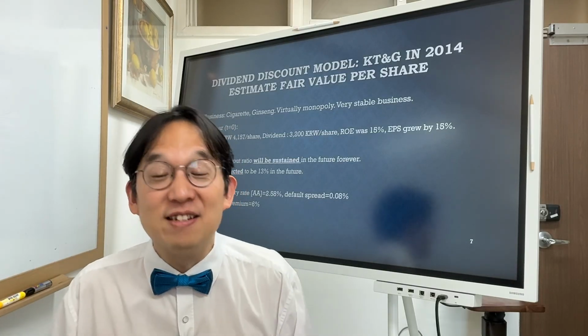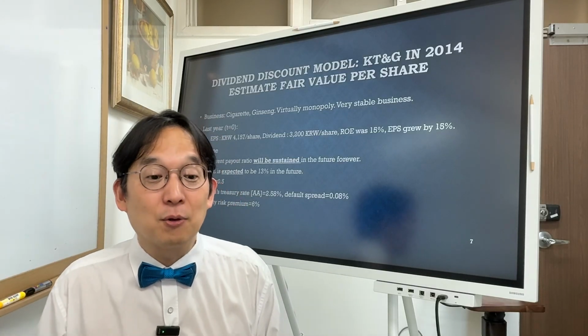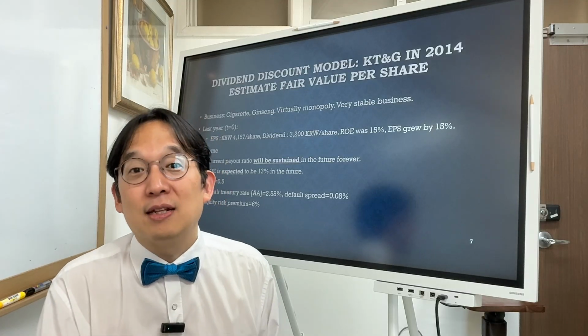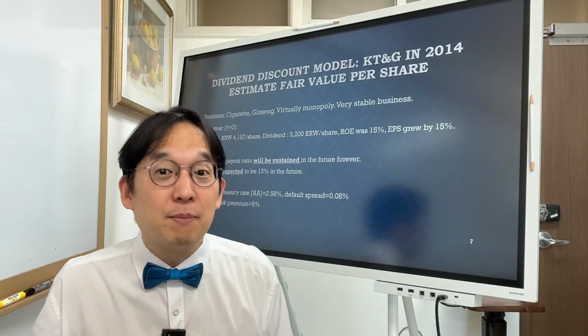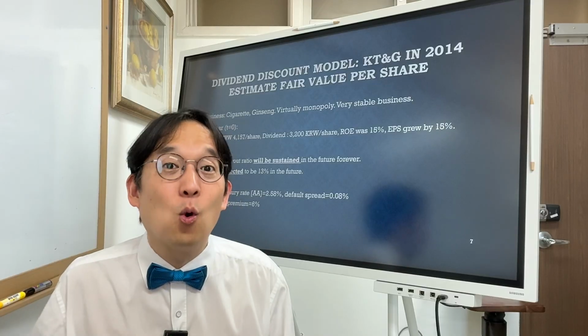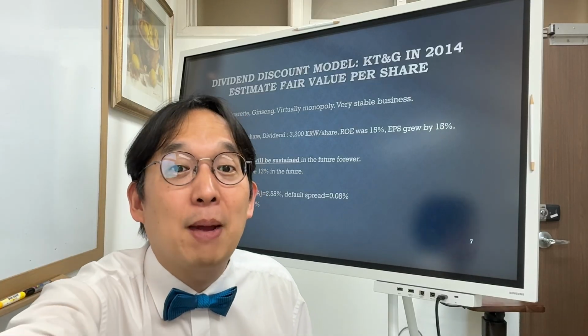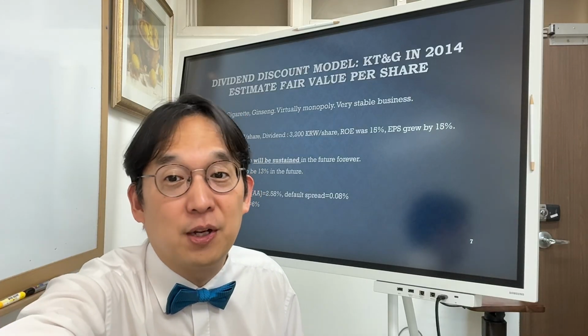We believe that is ginseng, red ginseng or whatever. That tells us a lot about how this business was profitable ever since, a long history. So we will come back to this KT&G in the next video. So wait for that.